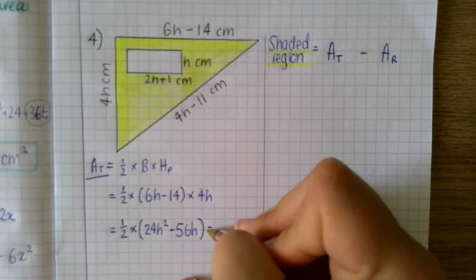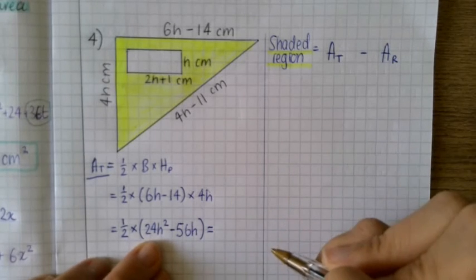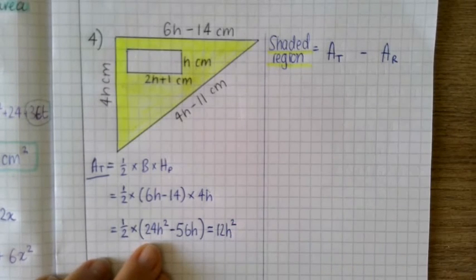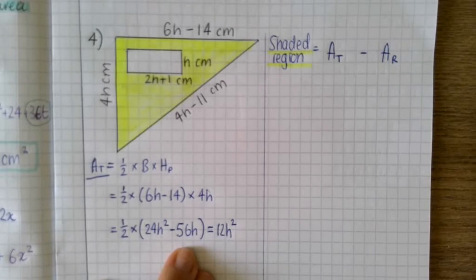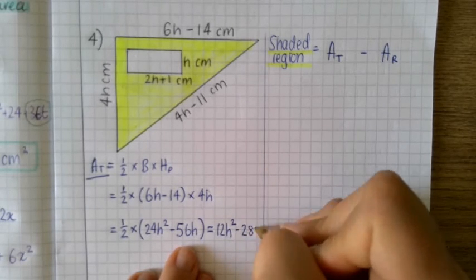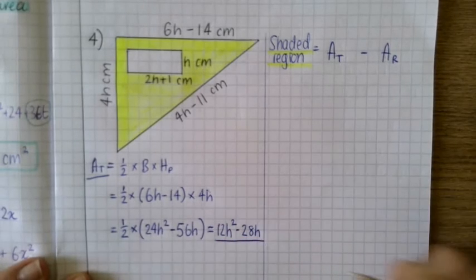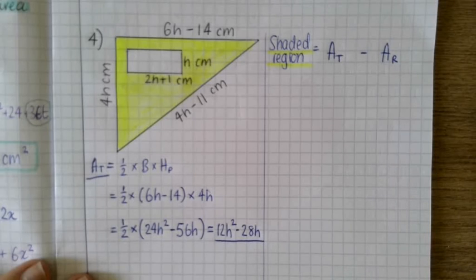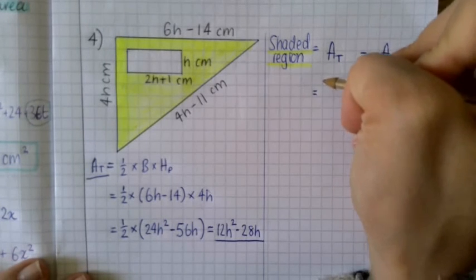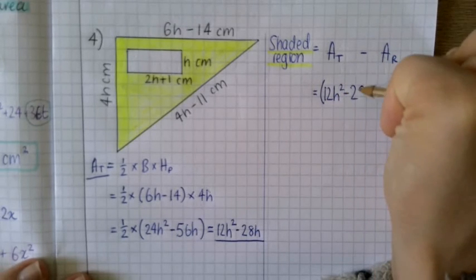So I'm just going to do that over here. So I'm going to get a half multiplied by 24h squared, which is 12h squared, and a half multiplied by negative 56h, which is negative 28h. Okay, so this is the area of my triangle. And in fact, I might even write that up here now. I'm going to put it in brackets, 12h squared take away 28h.